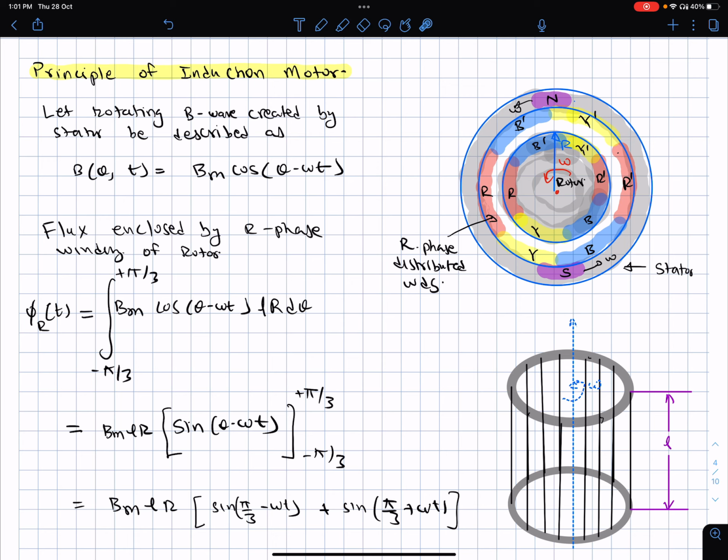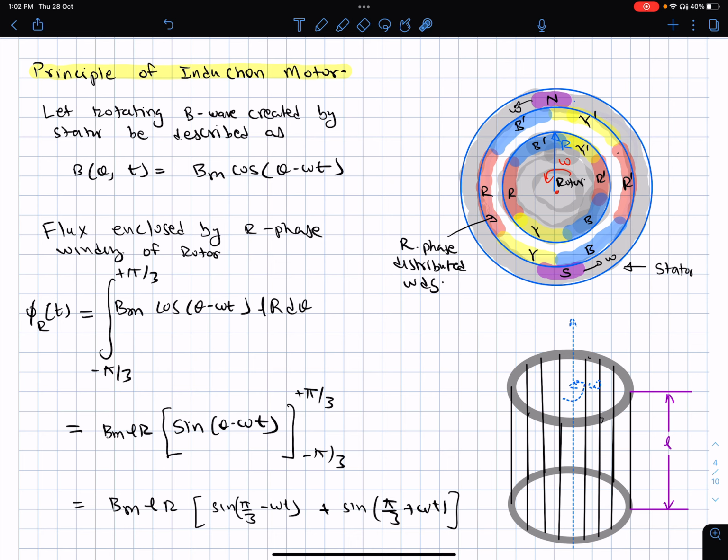As discussed earlier, these windings are distributed windings, both on the stator and on the rotor. Why are they distributed windings? Because I want to create a rotating MMF wave, and a rotating MMF wave is just a rotating magnet which I am going to create by the three-phase winding on the stator.